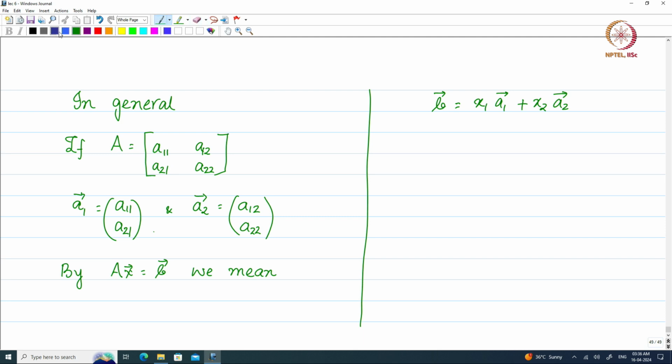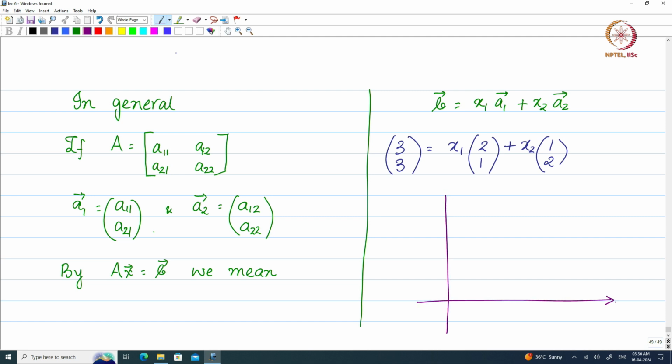Now in our example, where we had 3 3 equal to x1 into 2 1 plus x2 into 1 2, we can actually draw the graphical representation of this and try to figure out if we are able to get values for x1 and x2.